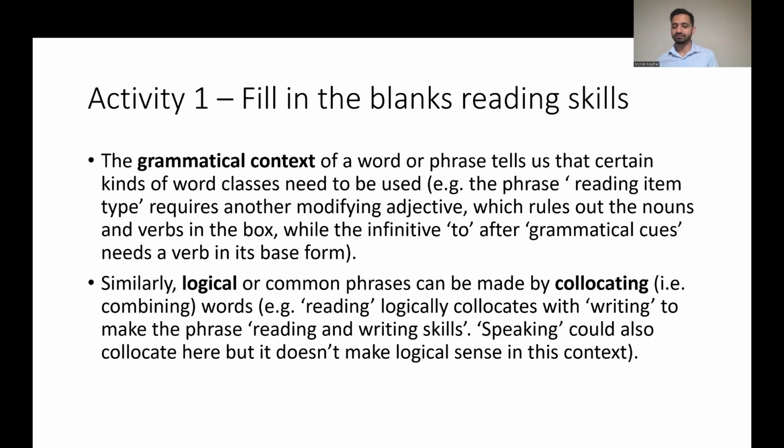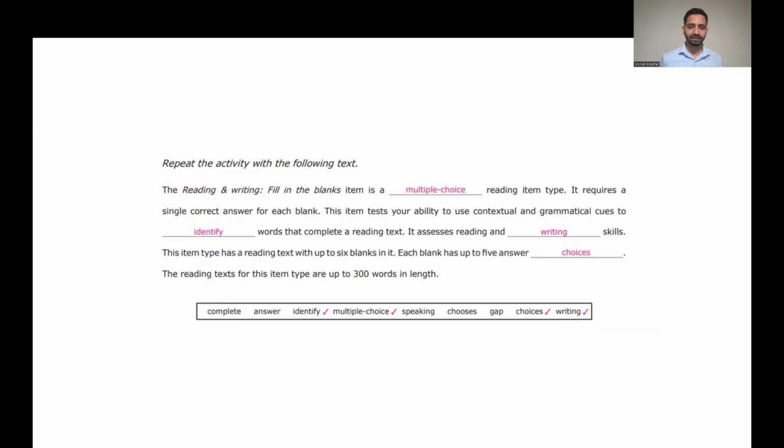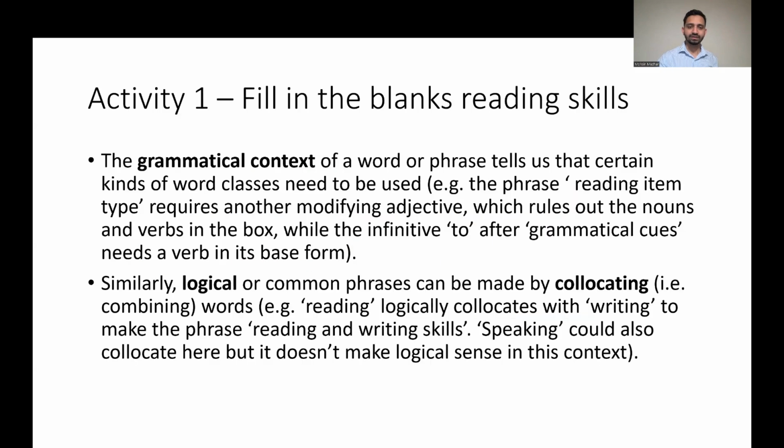Phrase reading item type, I'll just quickly show you. So we've got reading item type, right? What does it need? The phrase reading item type requires another modifying adjective. An adjective is something that describes the noun.